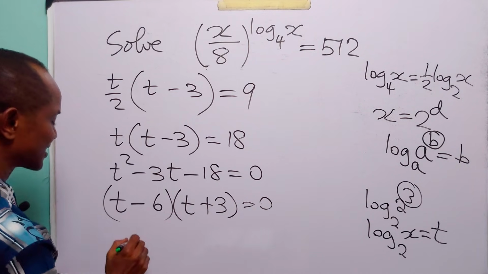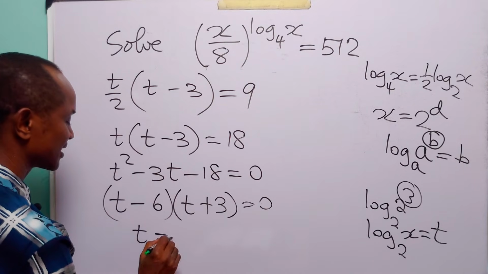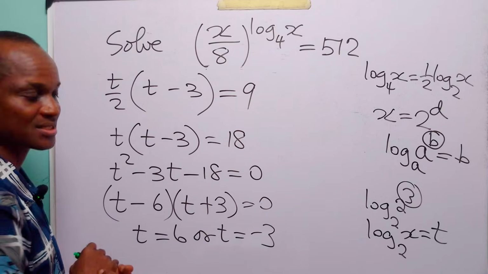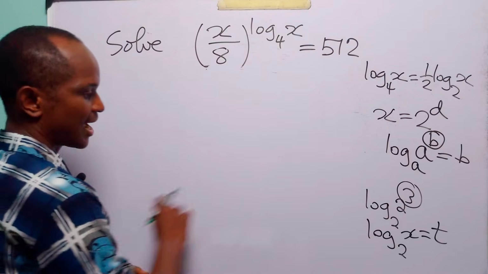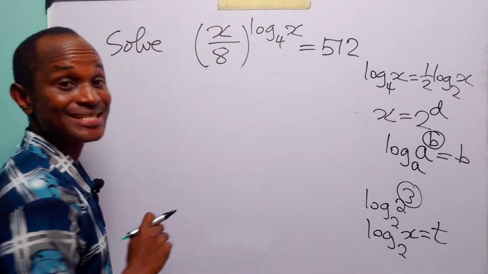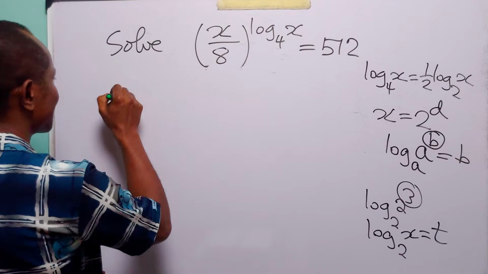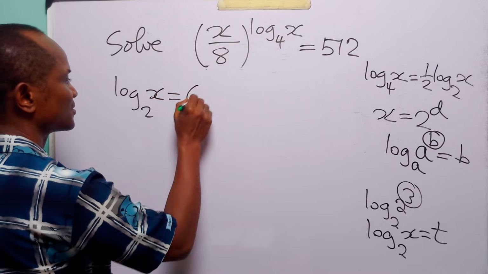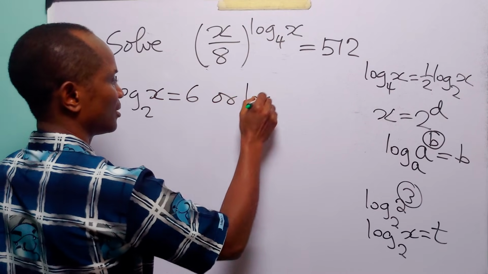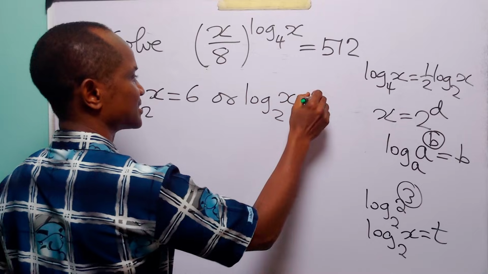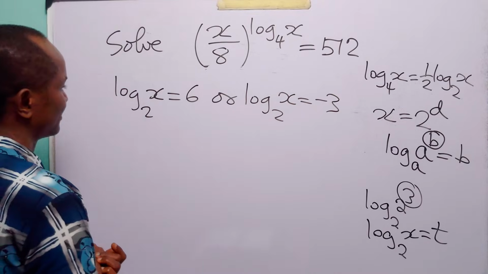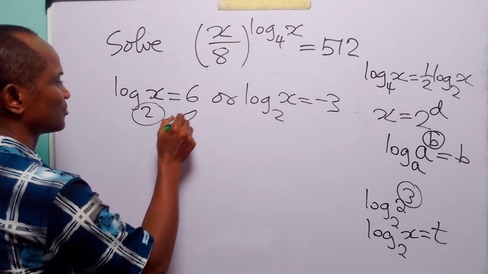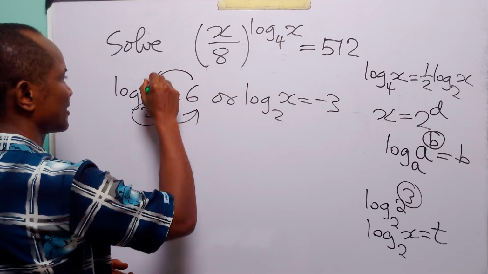And from here, we have that either t is equal to 6 or t is equal to minus 3. And since log to base 2 of x is equal to t, we have that either log to base 2 of x is equal to 6 or log to base 2 of x is equal to minus 3. And of course, you know that from this statement, we have that 2 to the power 6 is equal to x.